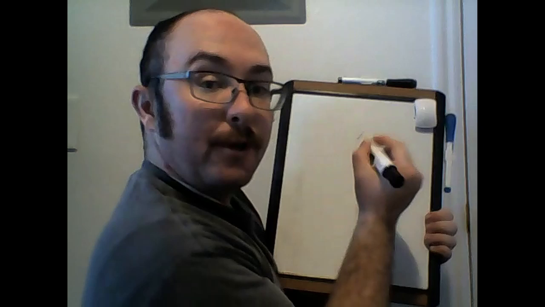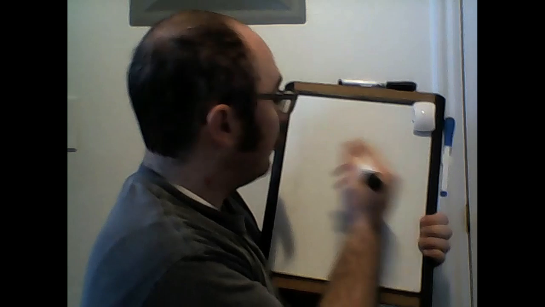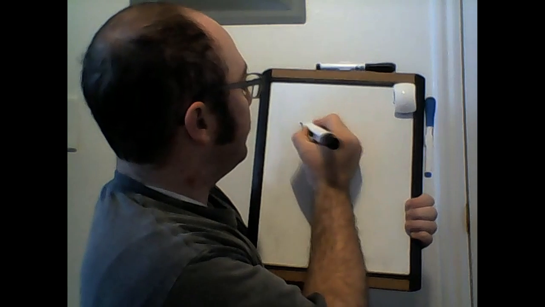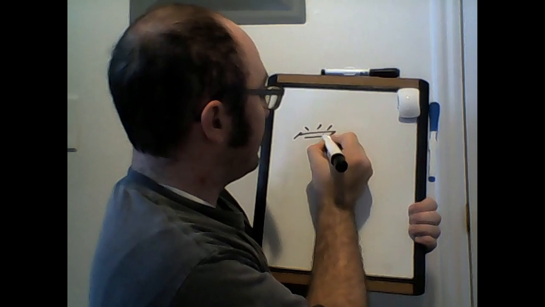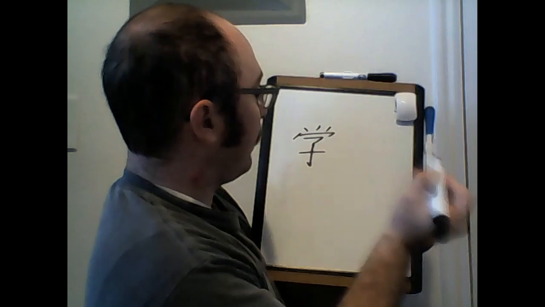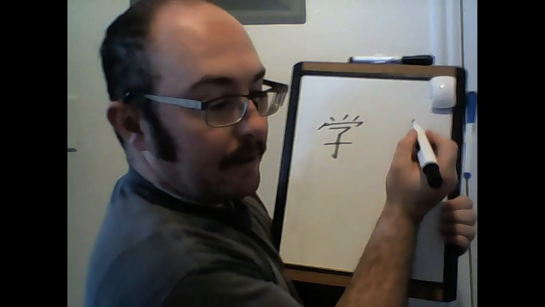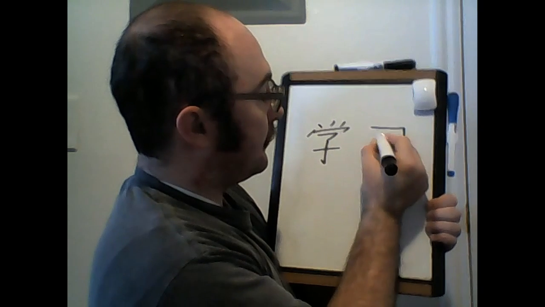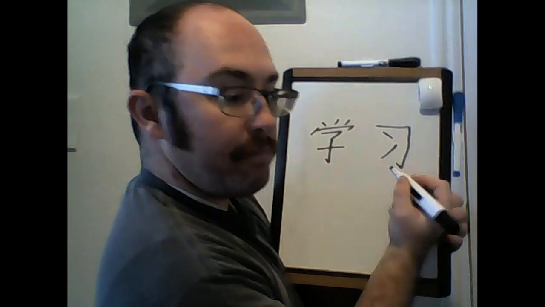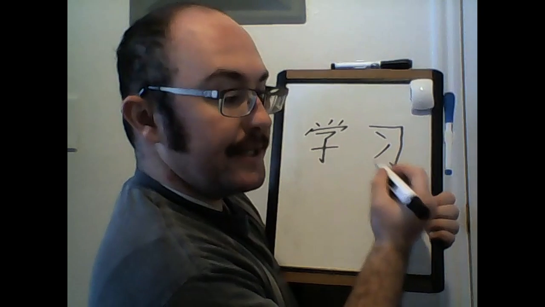So another thing, hopefully you're doing every day at school. So we learned the verb 学, to learn, and I'm just going to put it simplified here. 学, and then the other character 学习.